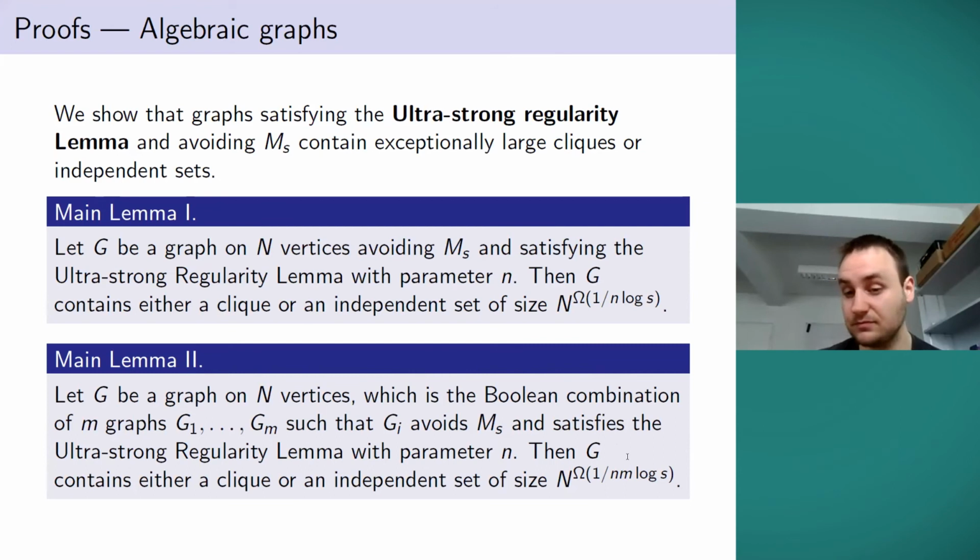And if I just plug in my parameters, this essentially gives back the exponent we wanted. So I'm cheating here a bit, but this is essentially how we prove it.